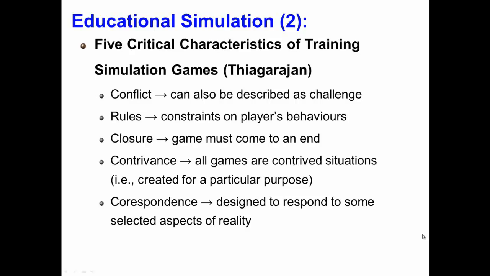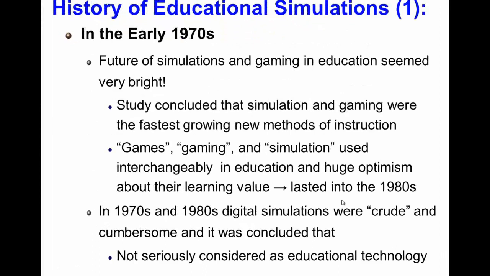And these differences in structure require fundamental differences in design and development of the simulation itself. So let's just briefly look at the history of educational simulations, which will provide some context into the simulations and game-based learning and training techniques that we use currently.